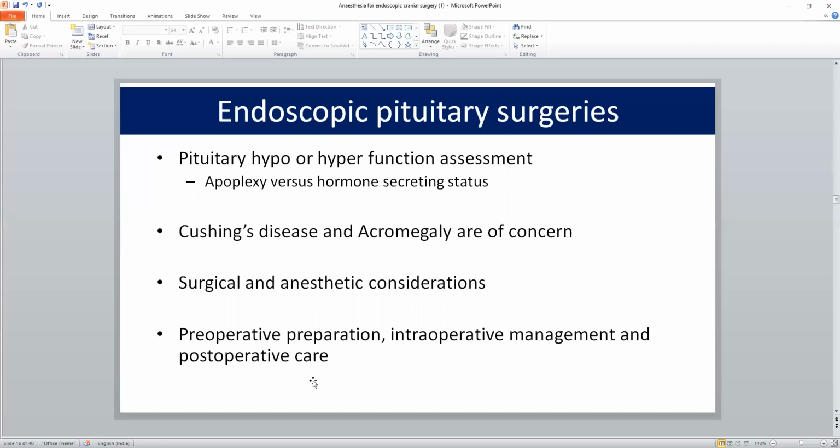The two common pathologies that are of concern to the anesthesiologist are Cushing disease and acromegaly. Therefore, I will be discussing the background of these two diseases in particular, and then the anesthetic management. There are several surgical and anesthetic considerations that you need to take into account when you manage patients with pituitary lesions. Adequate preoperative preparation, an intraoperative management plan, and postoperative care elements have to be in place.